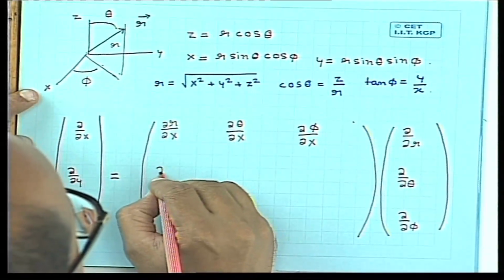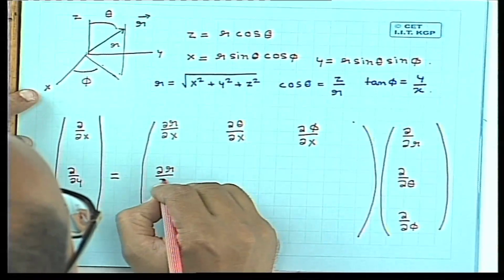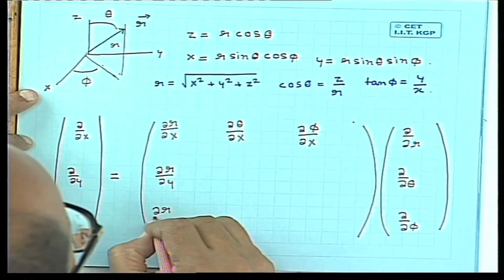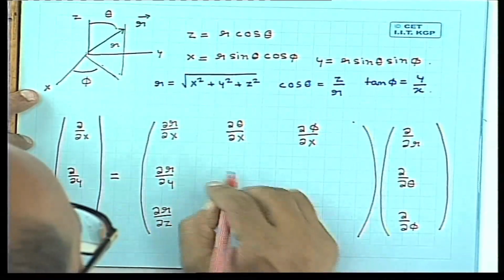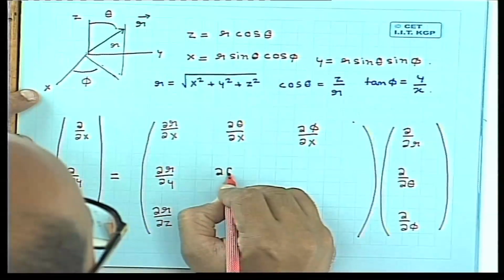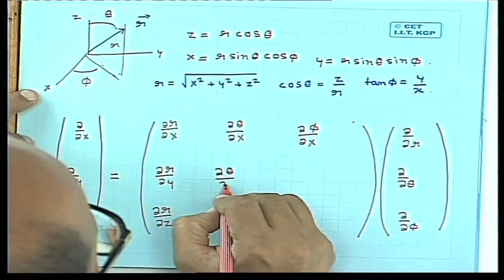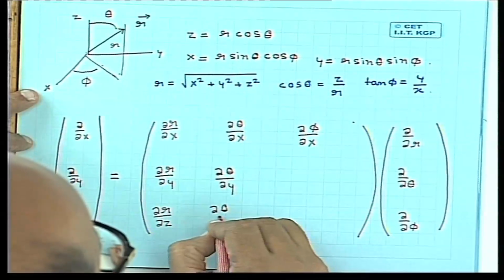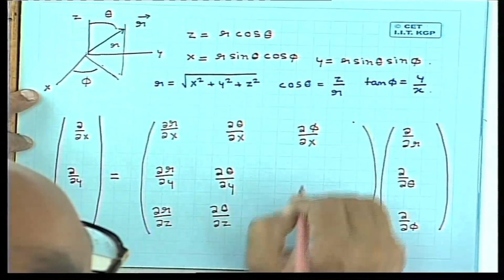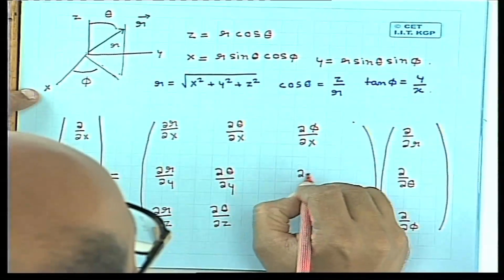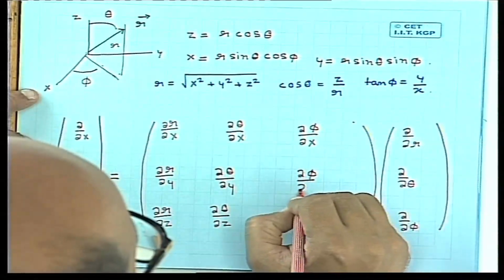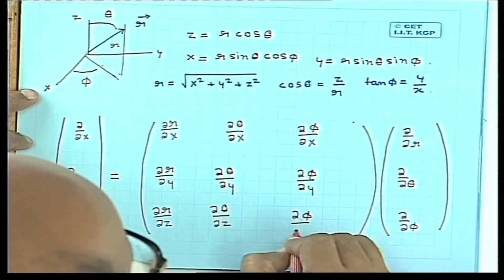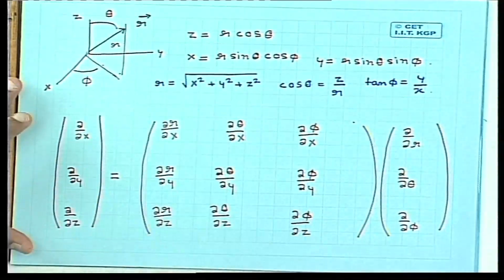Similarly, here we have del r del y, and here we have del r del z, and here we have del theta del y, and here we have del theta del z, and here we have del phi del y and del phi del z.